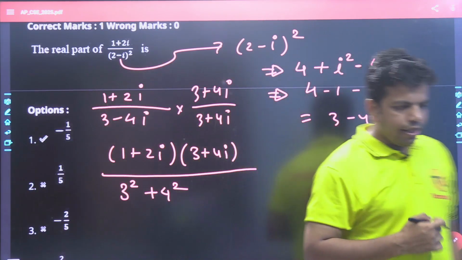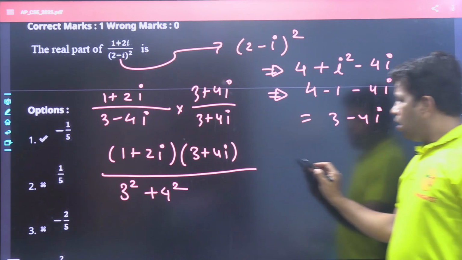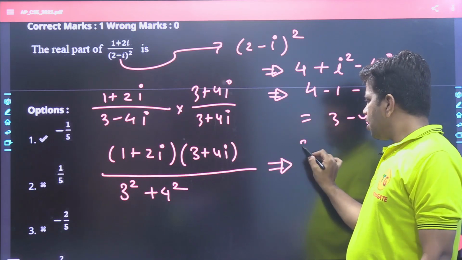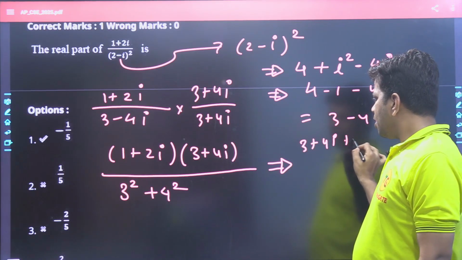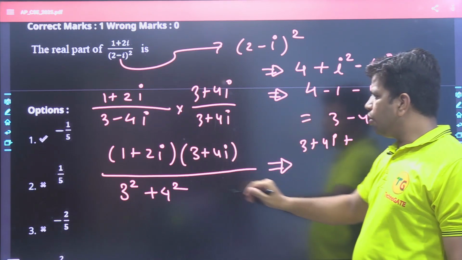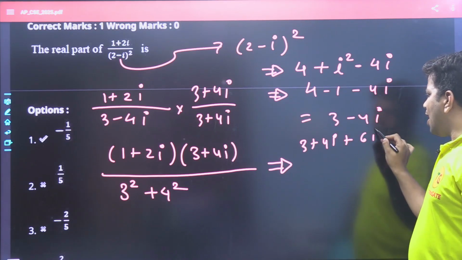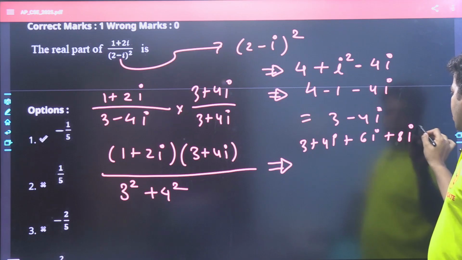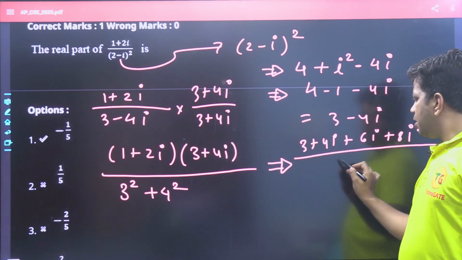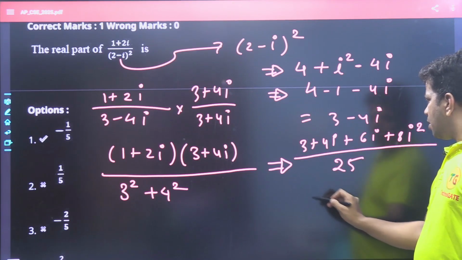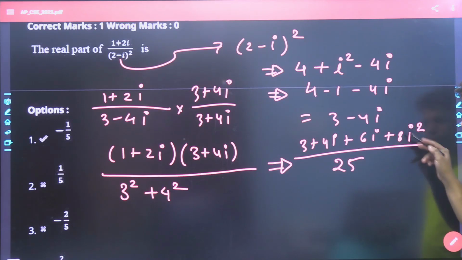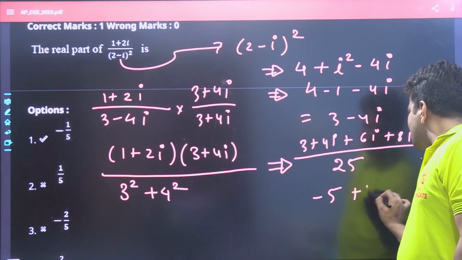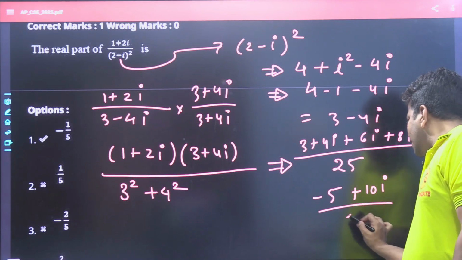Let's compute the numerator part: 3 plus 4i plus 6i plus 8i square, divided by 25. 8i square becomes minus 8, plus 3, so it becomes minus 5 plus 10i divided by 25.